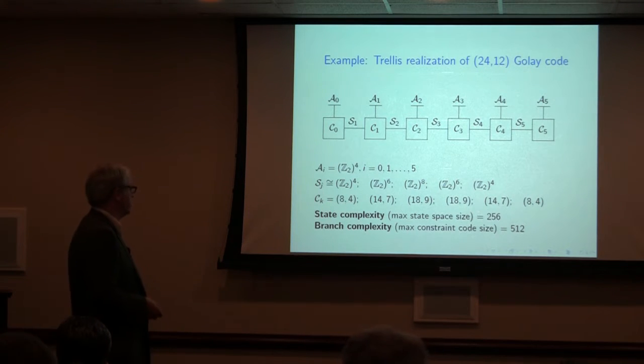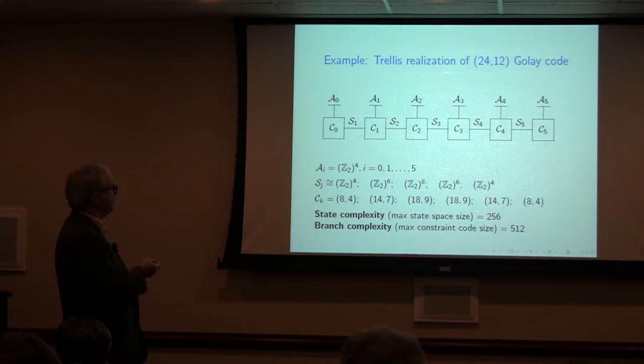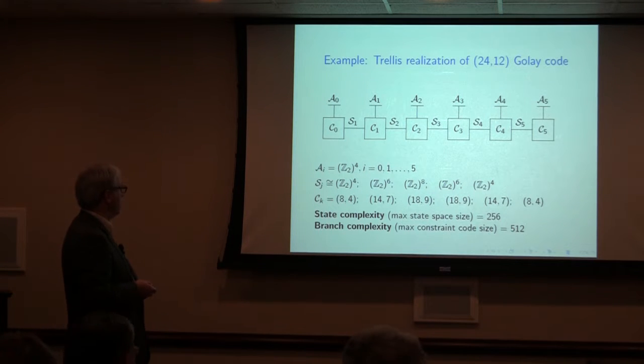I'm trying to relate it to classical state space systems. All right, for the Golay code, I'm actually taking the symbols 4 bits at a time. So each of these symbol spaces is Z2 to the 4th. There are 6 of them, so that gives us 24 bits. The state spaces are all binary vector spaces.